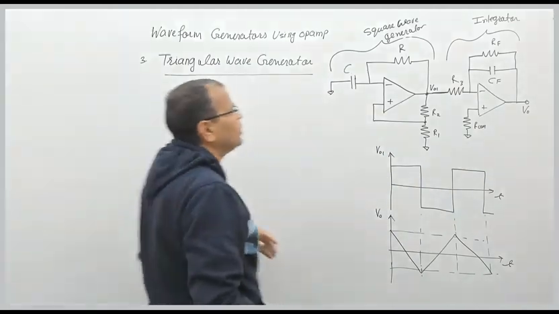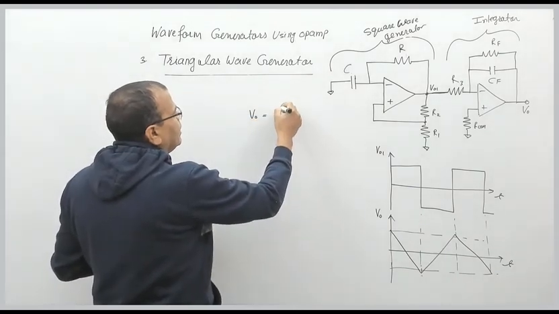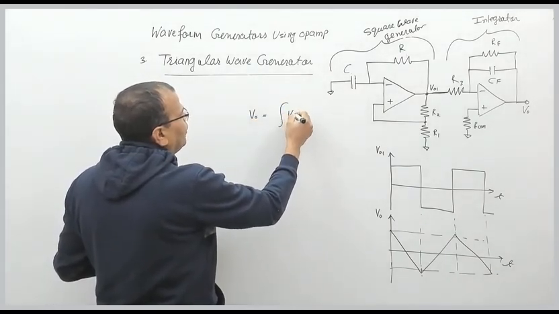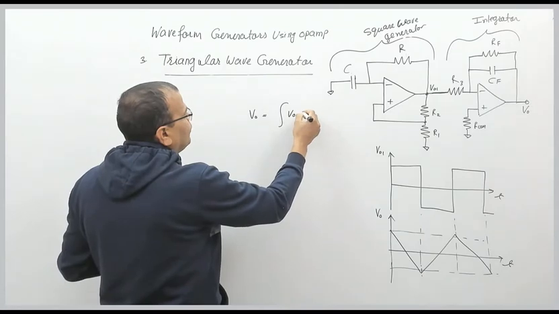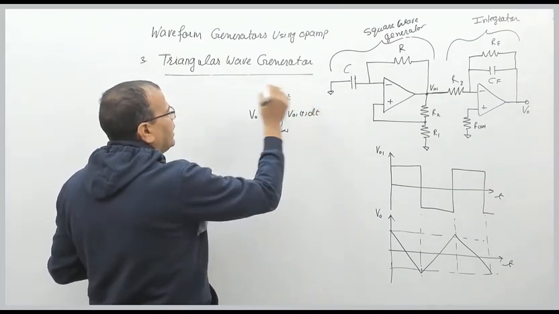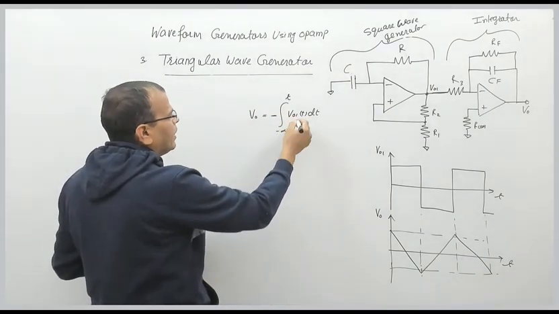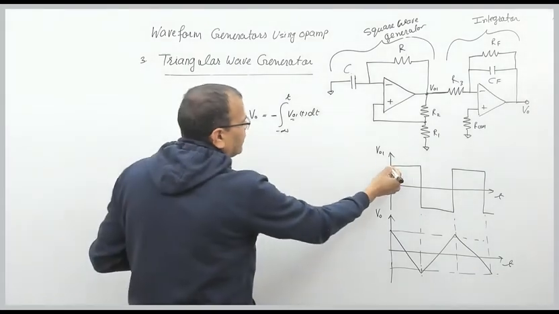The output of the integrator will be the integration of the output of the square wave generator, with a negative sign.